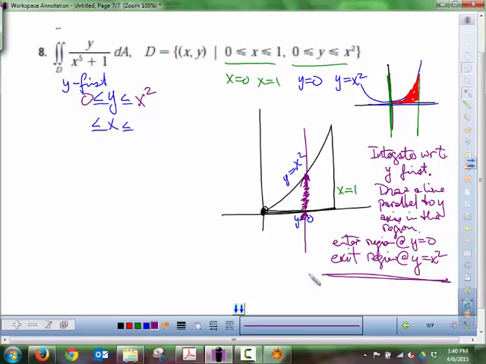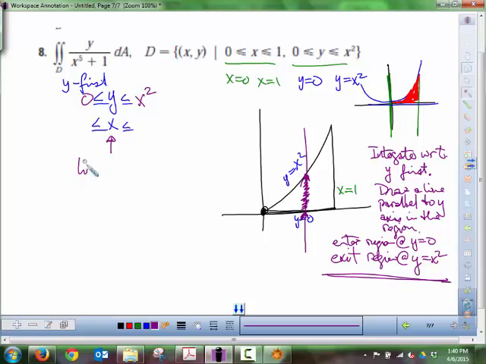Because you're going to integrate with respect to x last, right? And I usually call this the outer limits of my integral, because in an iterated integral I have my inner limits for the inner integral and my limits for the outer.